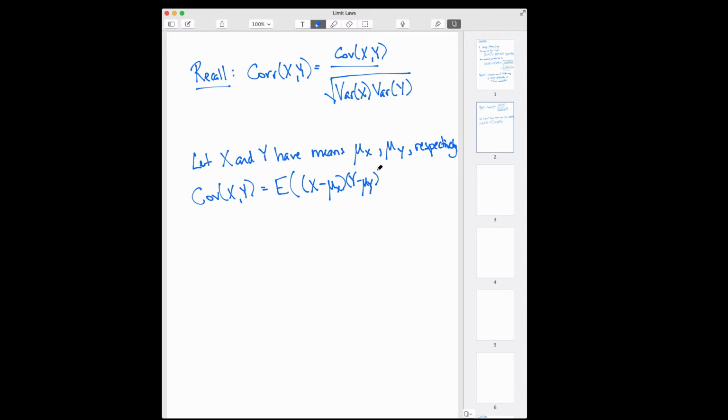And so now we start to see where the Cauchy-Schwarz inequality comes in. So if we write that expectation with an absolute value out front, then we're in the framework of the Cauchy-Schwarz inequality.